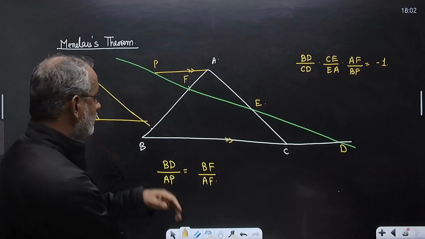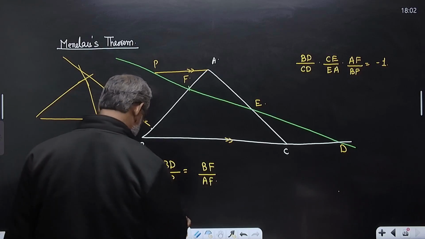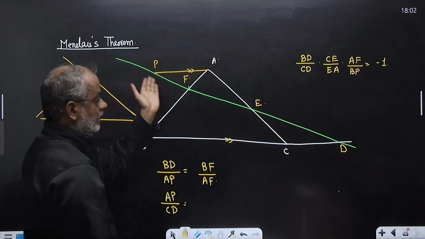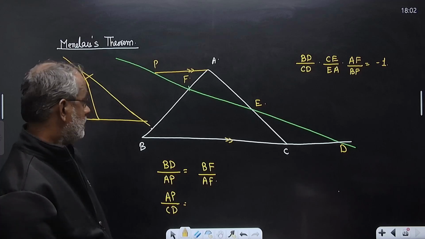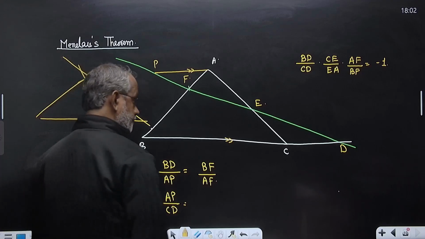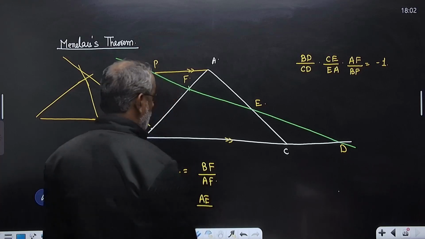So, what will you have? You will have AP upon CD. See, these two are similar triangles, APE, CDE. So, AP upon CD, what will it be? AE upon CE.